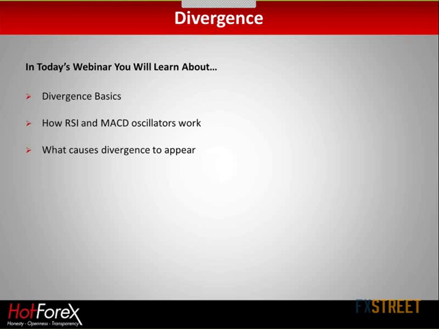No, there are reasons behind everything. And what causes divergences to appear, there are reasons in, obviously, the formula that the indicator is based on, but then there are reasons in the markets, in the price history, and we're going to learn about those too.